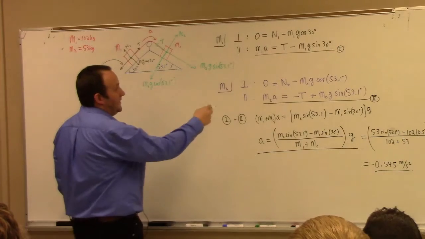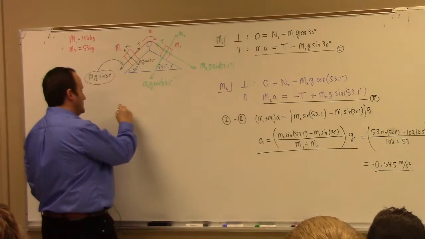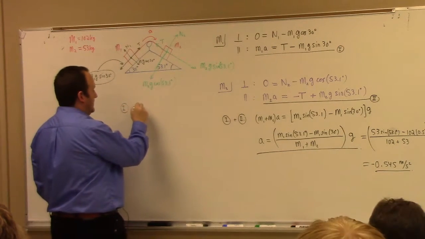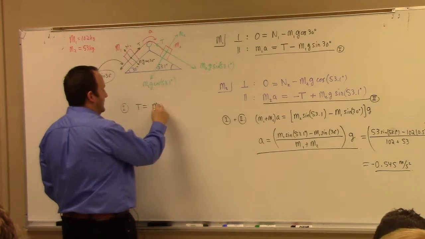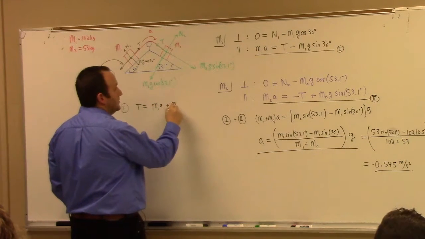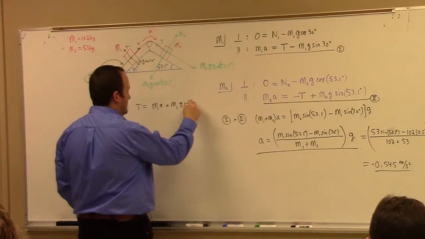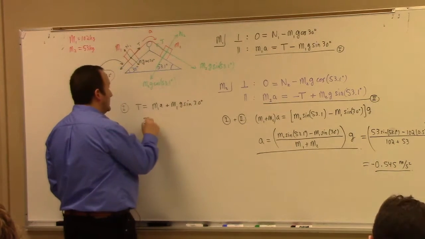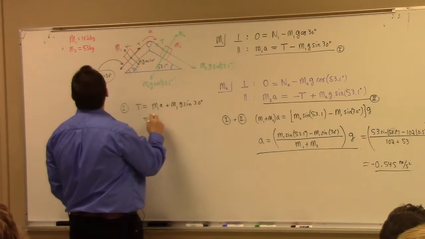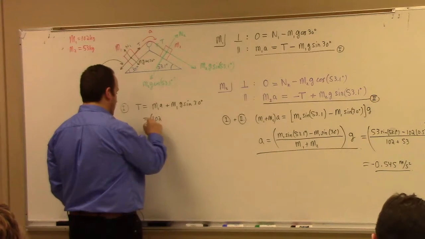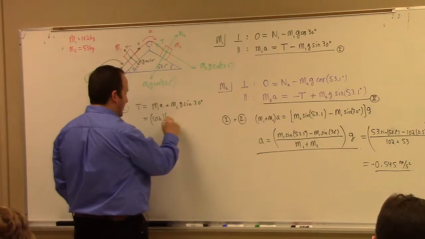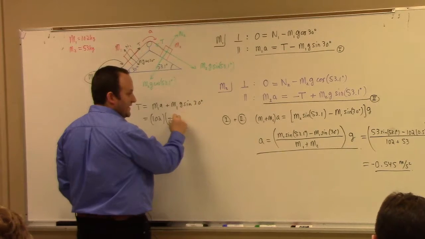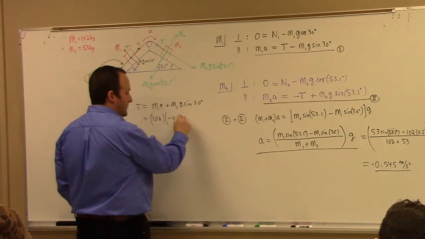Yeah, just pick any, the sign. I like equation 1. It tells me that the tension is equal to m1a plus m1g sine 30, which is... what was m1? 102 times a, which was minus... you're absolutely right. If I have the wrong sign here, it will make it wrong, right?